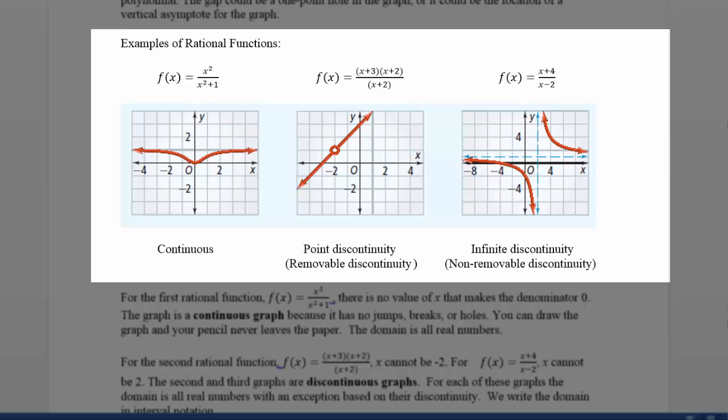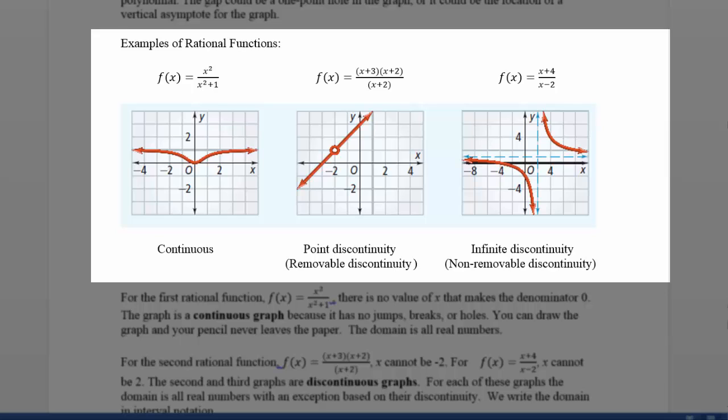And if there's no place where the rational function is undefined, then it's simply a continuous function. And you can see by the graph that it never stops in any given place. So those are some more basic examples. Pretty easy to run a t-chart on that and just come up with all of the points on the function. And of course the domain would be all the real numbers.